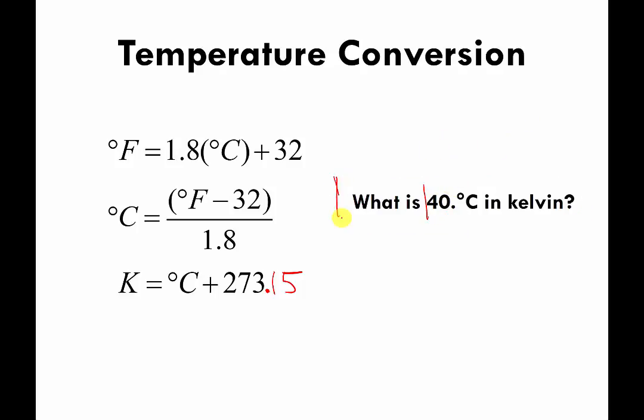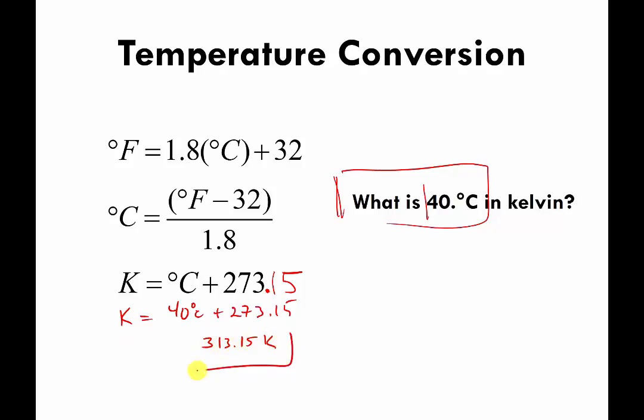But if I wanted to convert 40 degrees Celsius into Kelvin, basically I'm going to say Kelvin equals 40 degrees Celsius plus 273.15, and whatever that happens to be. I think that's 300. Oops, don't show that. 313.15 Kelvin. So that's the temperature in Kelvin.